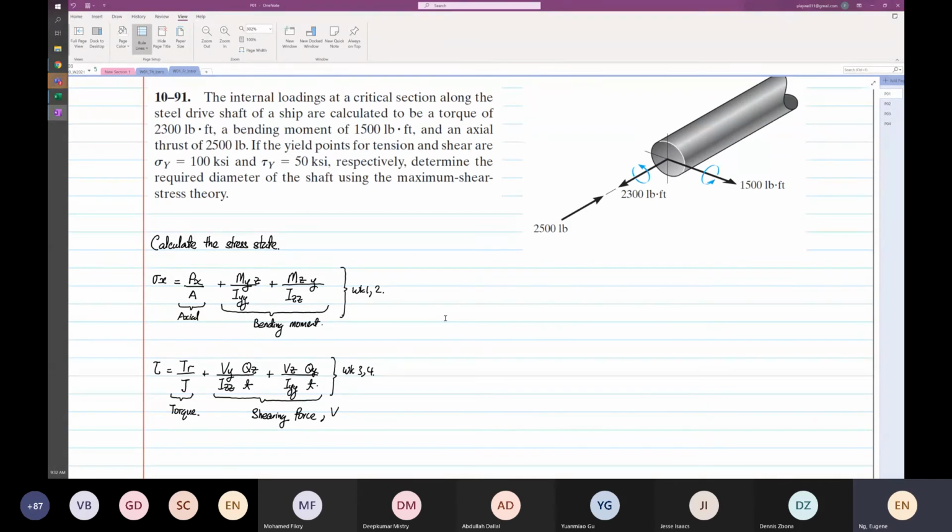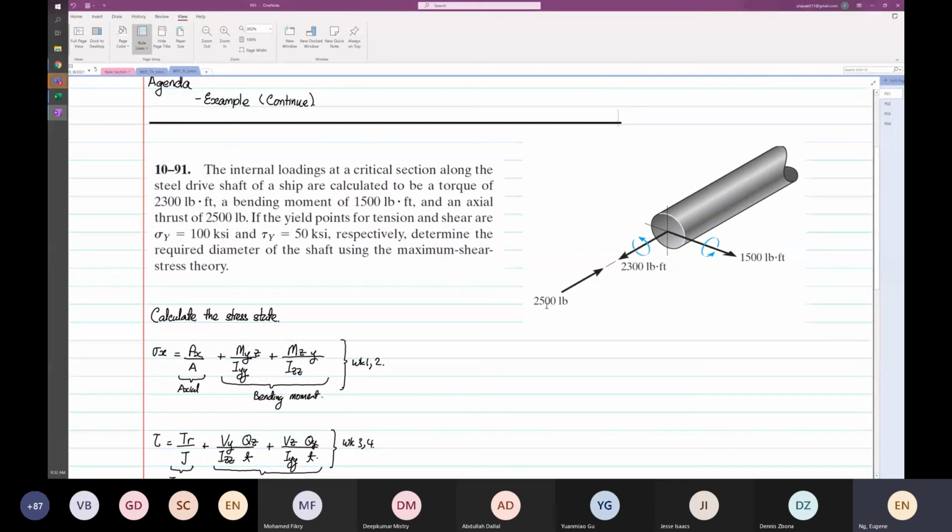Before I go on, we are trying to analyze the stresses acting on this shaft and specify the minimum diameter, given the strength of the material: 100 ksi, and in shear 50 ksi.